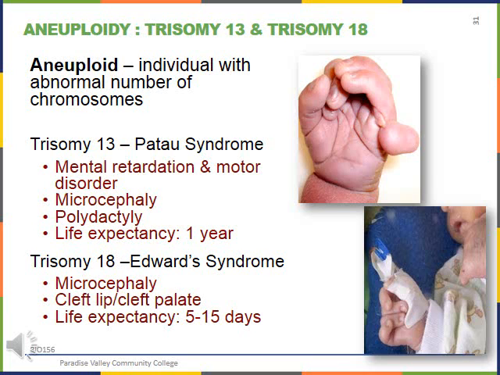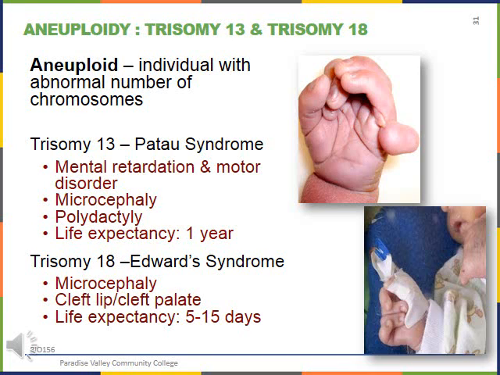They have mental retardation, motor disorders, they have trouble picking up their head, they have smaller heads, they have extra fingers, so microcephaly, ceph means brain or head, they have a smaller brain. Polydactyly, dactyly means fingers, poly means many. They often only live for a year, which is tragic.